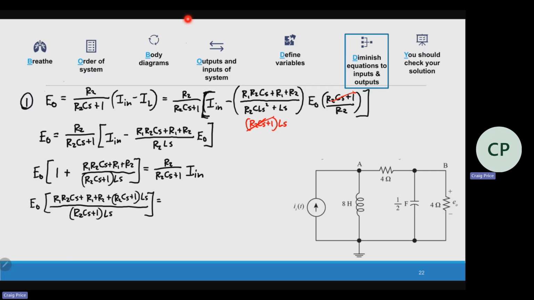And now basically we can flip it. So we can get E out over, oh sorry, I in. So I've got this over here, E out.